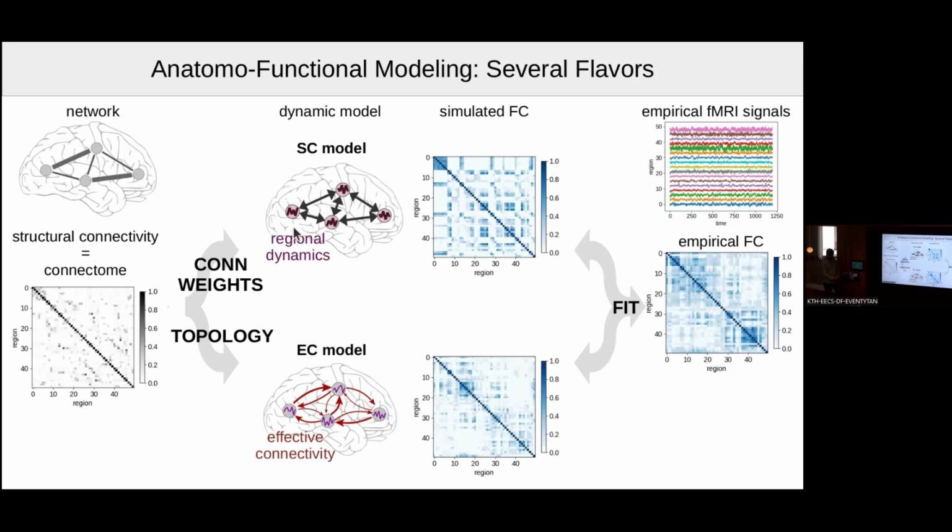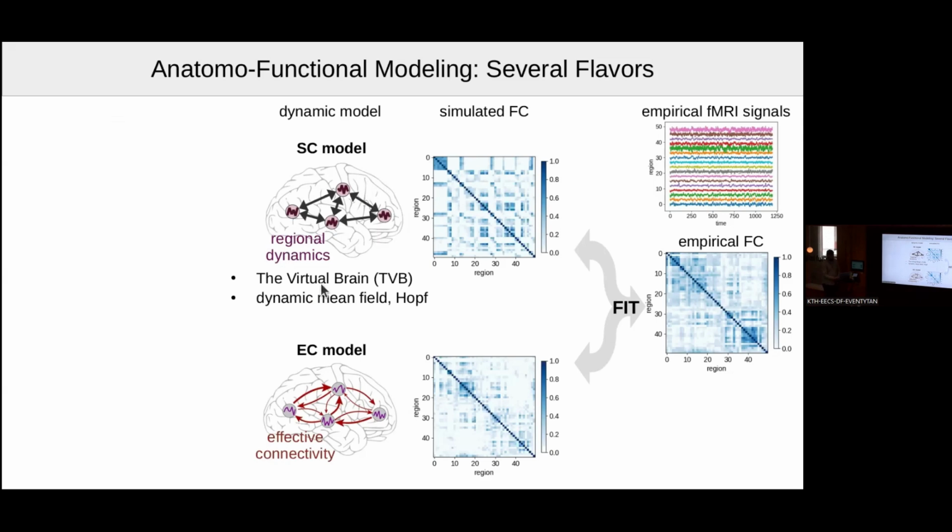And here they use this connectome, the DTI data, to determine the strength of this activity in the network. And so instead of changing the weights, they are fixed, but they tune the regional dynamics. Okay, so as I said, Virtual Brain and dynamic mean field about that.